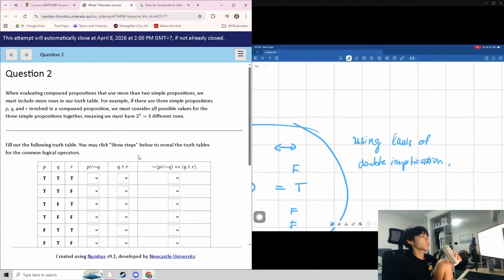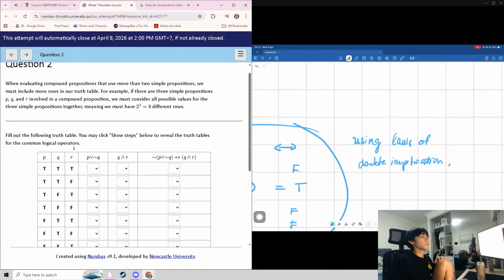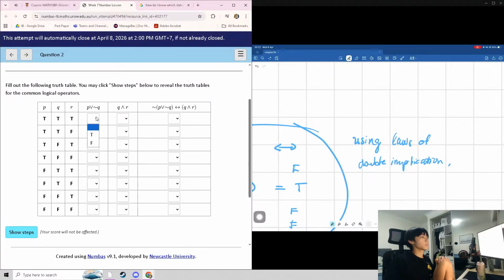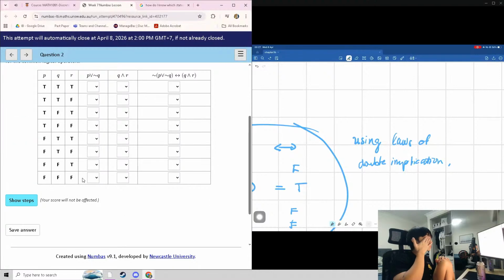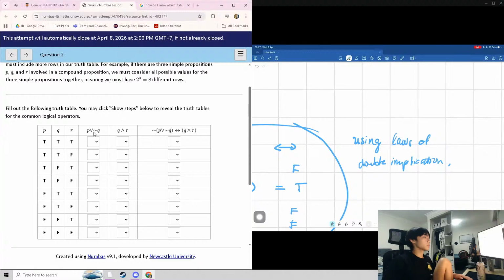Once again, let's do question 2. When evaluating compound propositions that use more than 2 simple propositions, we must include more rows in our truth table.